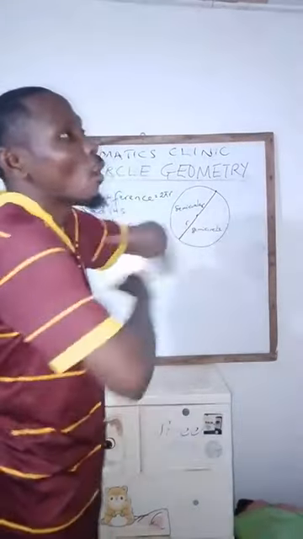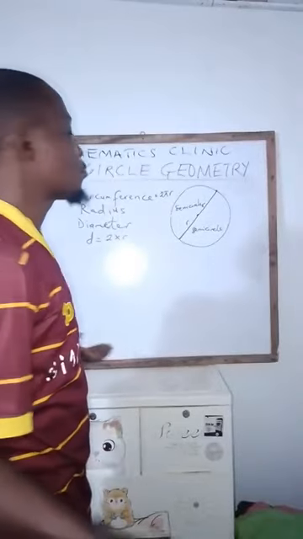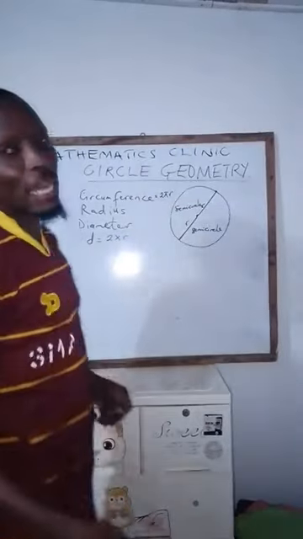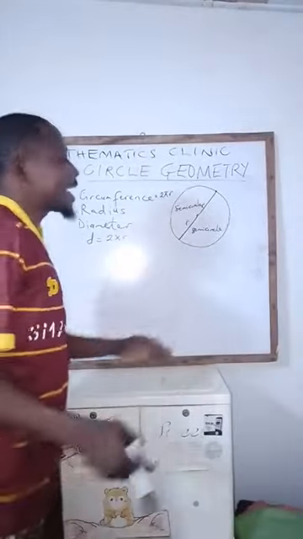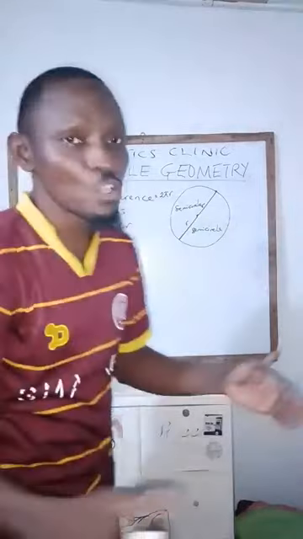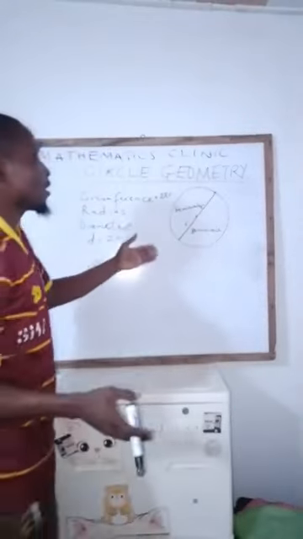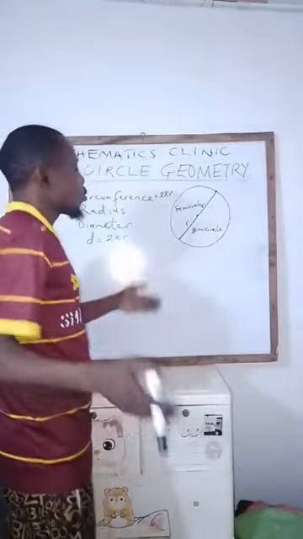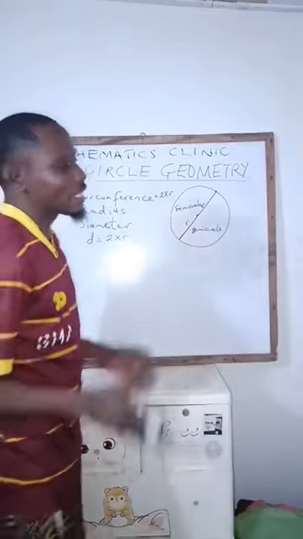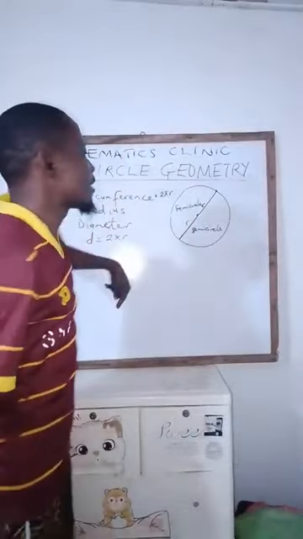So we can have unlimited radii in a circle. Then I have diameter. Diameter is a line that divides a circle into two equal parts. Also, we can say diameter is a line that touches two opposite points on the circumference of a circle, passing through the center of the circle.